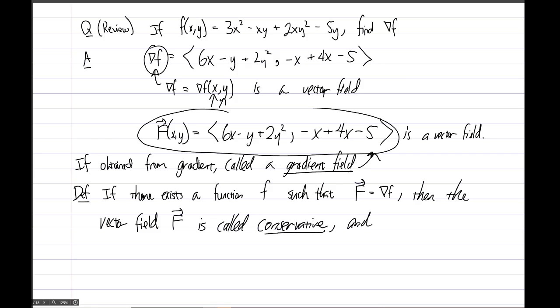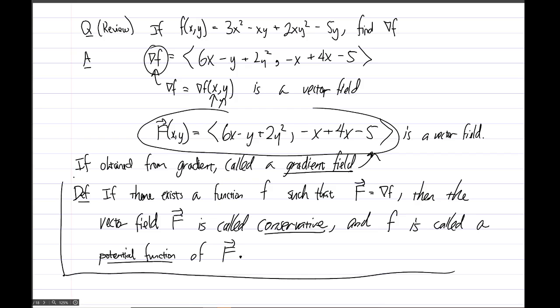And if that happens, then little f is called a potential function of capital F arrow. Okay, there's the definition. This is a very, very, very important definition for us.